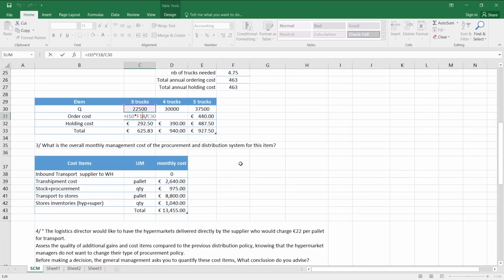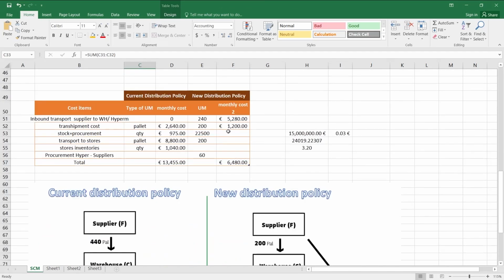Okay, so here as we can see, the total cost related to the 3 trucks option is 625 euro. So this is what we are going to copy here for the stock plus procurement cost.